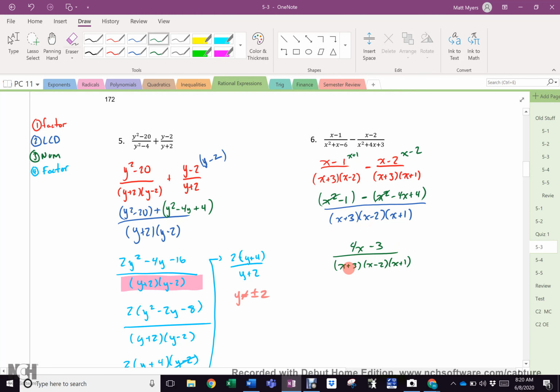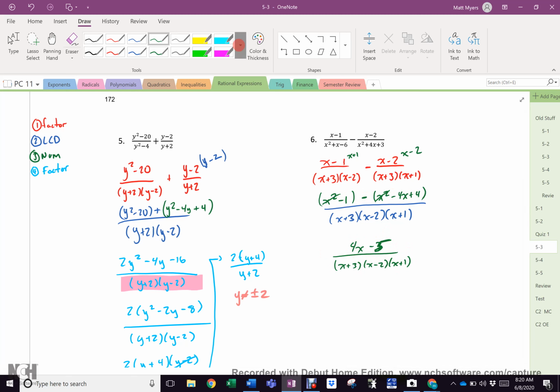Wait a minute. Negative 1 minus 4 is negative 5. And then here we are on the bottom. No factoring. It's already factored. No canceling, so this guy's done.